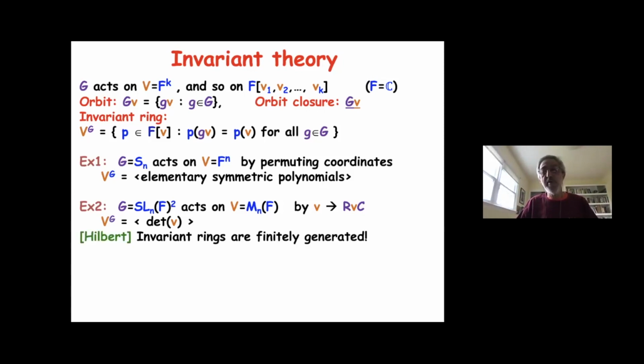Here is an absolutely fundamental result to us. These invariant rings have infinitely many polynomials, but Hilbert proved that for our groups they are always finitely generated. Like in these examples, there's always a finite set of polynomials that generates all the others. For this purpose, for this paper, he developed what everybody's familiar with, the finite basis theorem and the Nullstellensatz.